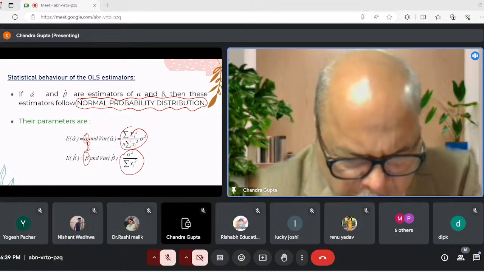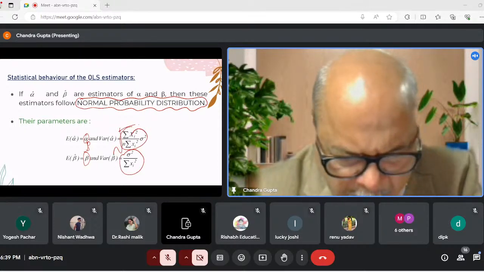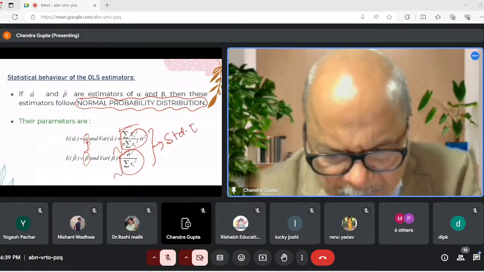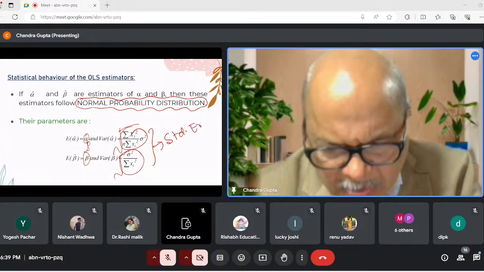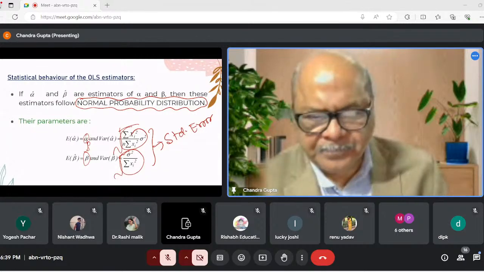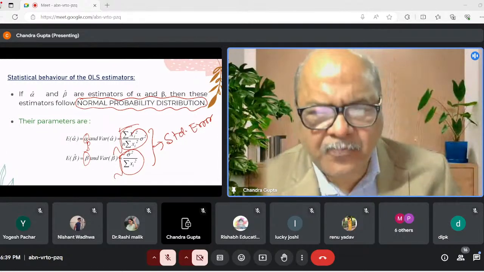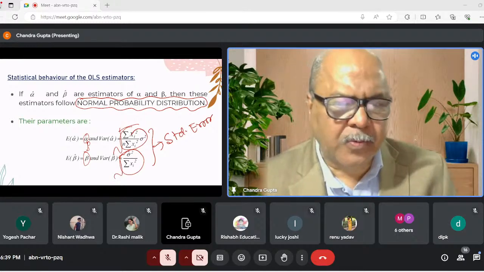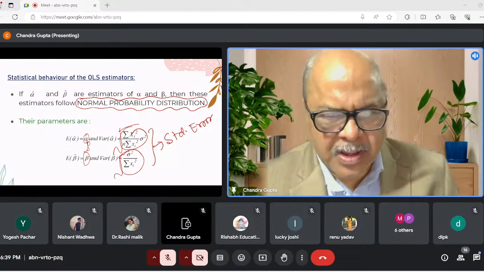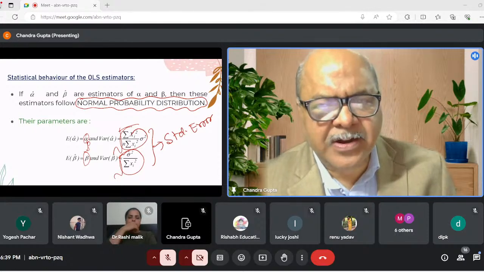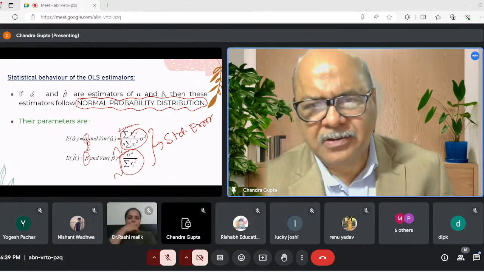If you take the square root of them, that will be called the standard error. So friends, alpha and beta follow the normal probability distribution with the mean equal to the population parameter and with the standard error given here.